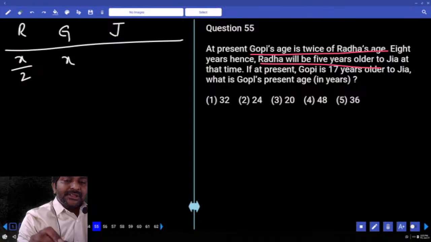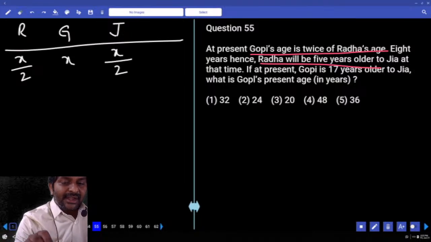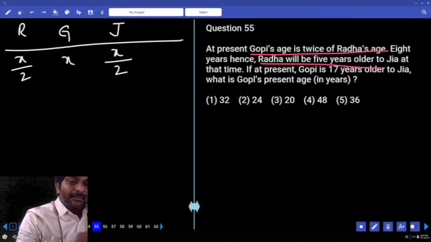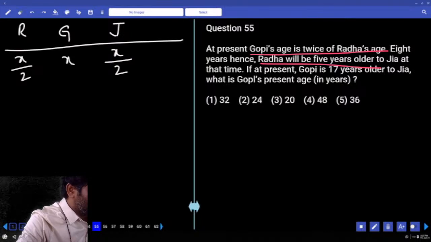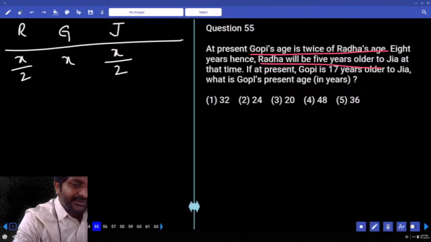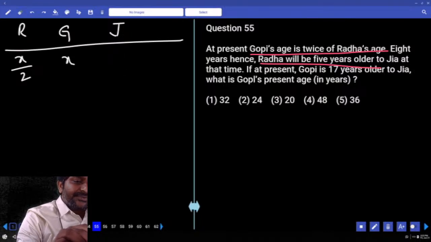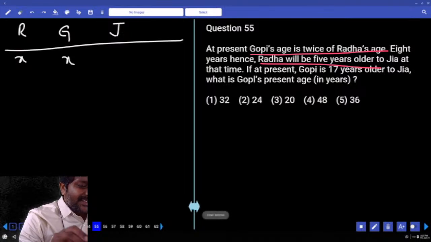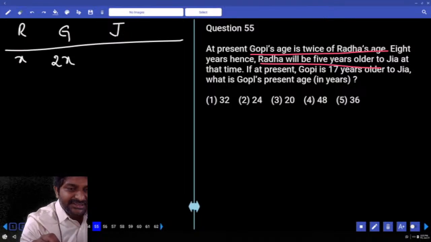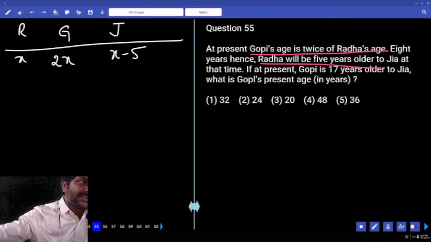Now, if you want to write Jia's age, you have to write x by 2 minus 5, correct? But you are having a fraction, so I want to eliminate this fraction. So start with Radha's age as x, then Gopi's age becomes 2x, Jia's age becomes x minus 5.